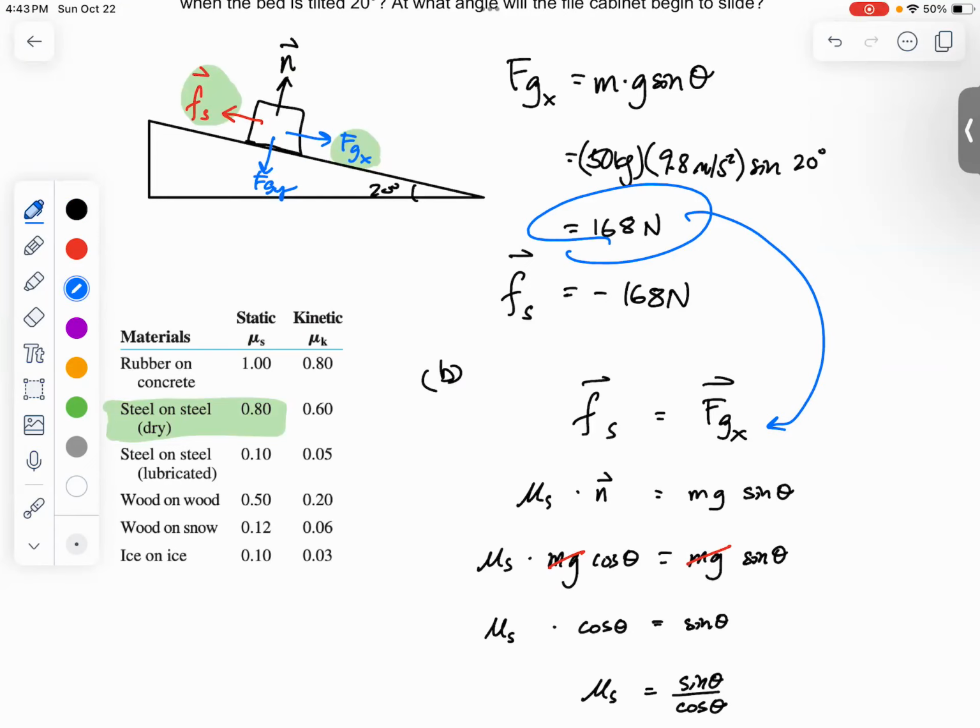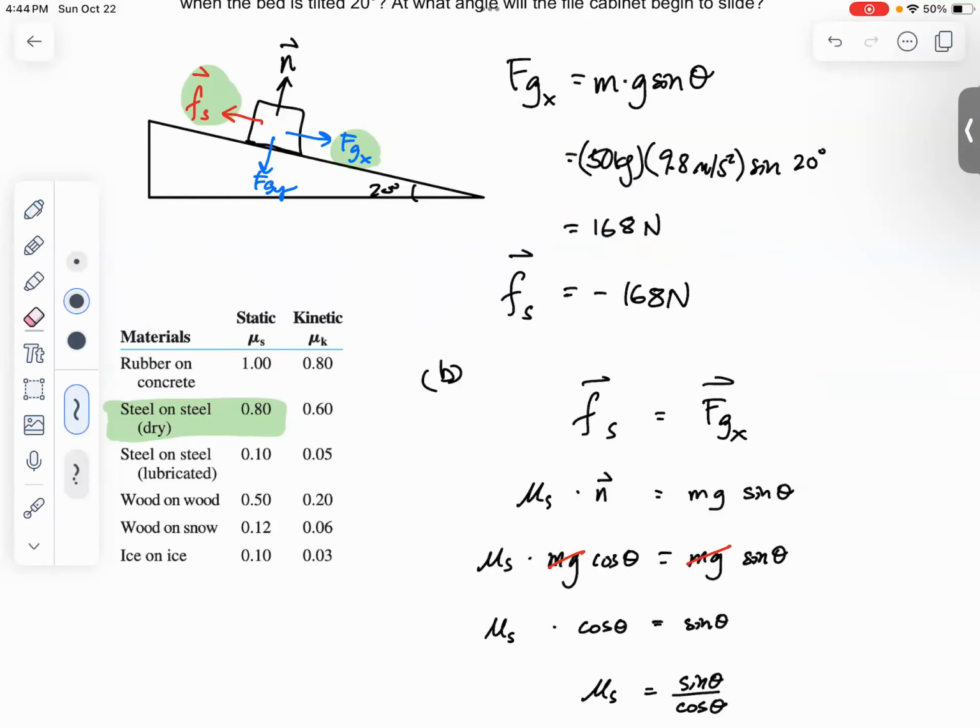First, we're looking for an angle. And second, that 168 newtons is valid when the angle is 20 degrees. Do we know what the angle is? We don't know the angle. So please make sure that you don't give in to the temptation of substituting these numbers prematurely. You cannot substitute.